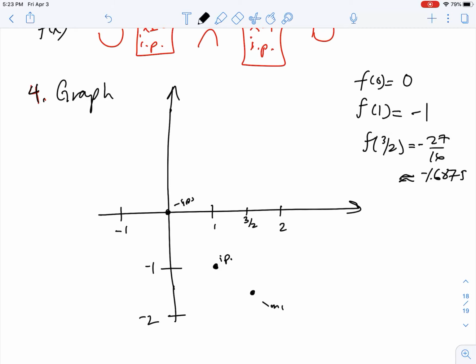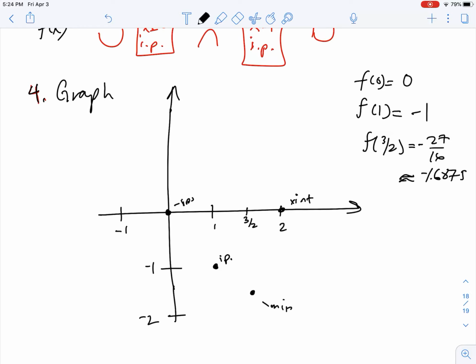This is my local minimum. If we go back to the original first step, I had an intercept here, x and y intercept, and then I had another x intercept here. This inflection point is an x-intercept and an inflection point and a y-intercept, right?